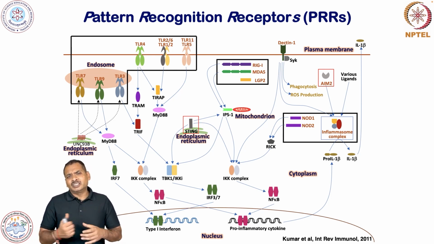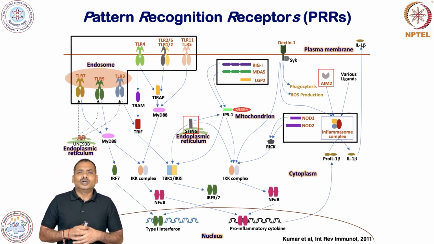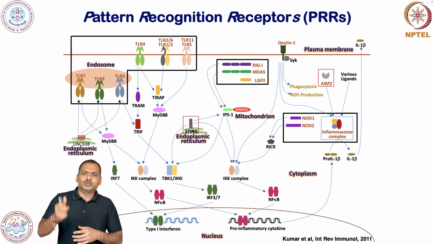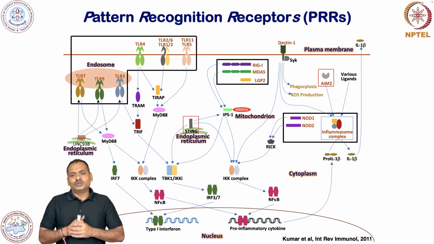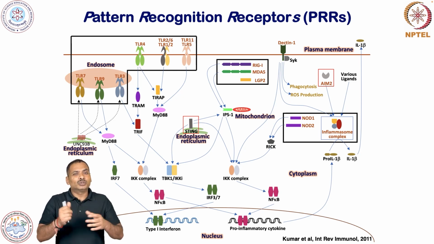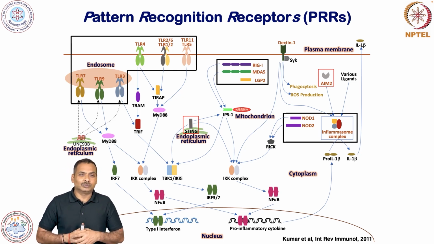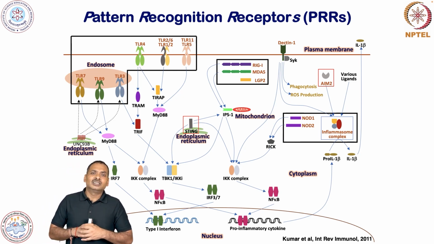We will study this in great detail when we take up the NOD-like receptor. Here, although I have given a schematic, there is production of IL-1 beta, which is synthesized in inactive form, and this inactive form is converted into the active form by this multi-protein complex known as the inflammasome. We will discuss this in great detail in NLRs.